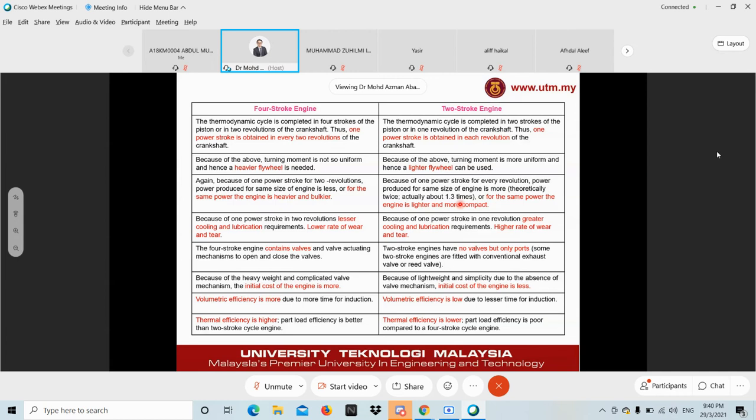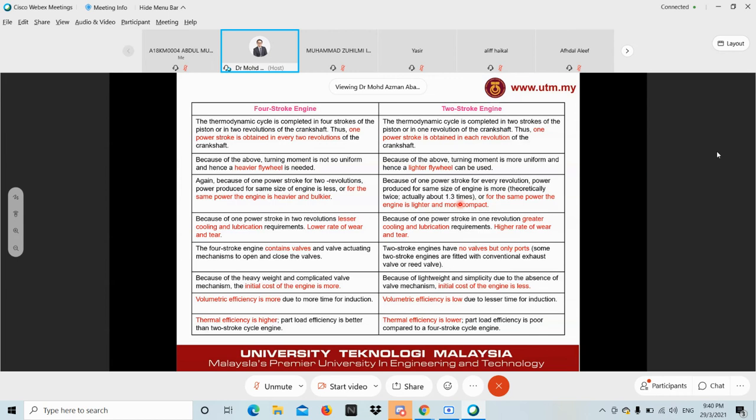Because of one power stroke for two revolutions, power produced for the same size of engine is less, and for the same power the engine is heavier and bulkier, and therefore the four-stroke cycle is much bigger and also heavier compared to the two-stroke engine, which is usually very much lighter in weight and components compared to four-stroke.